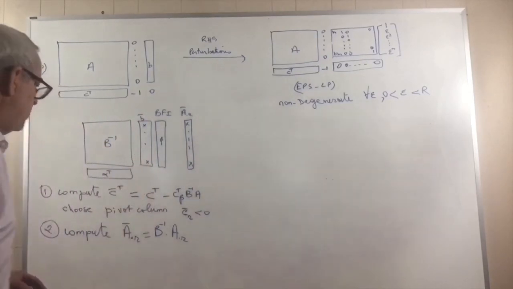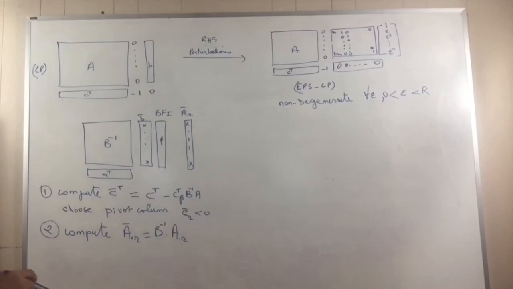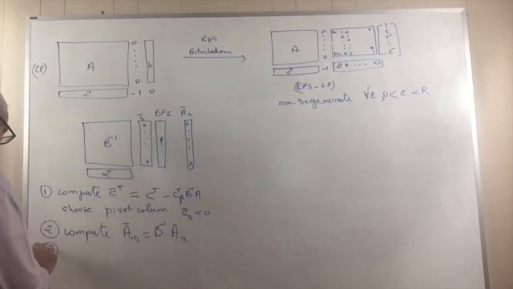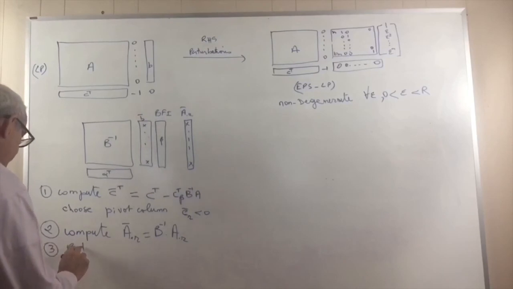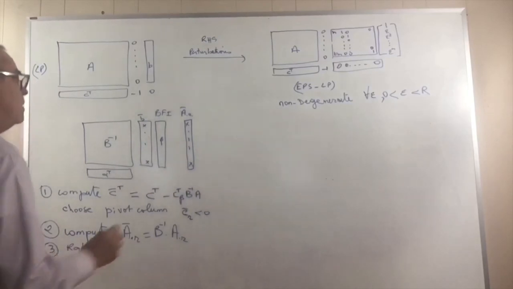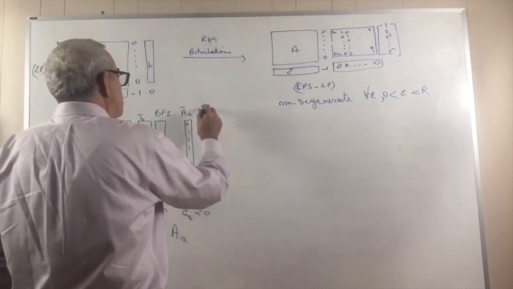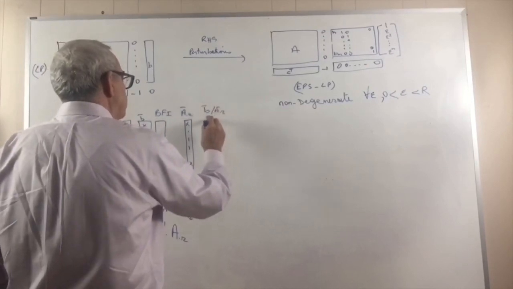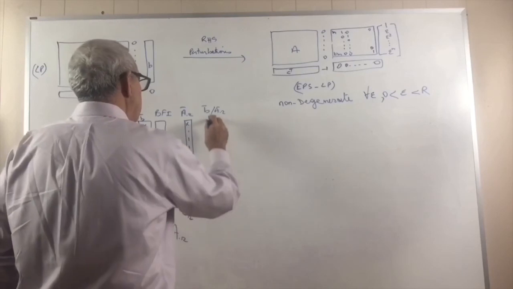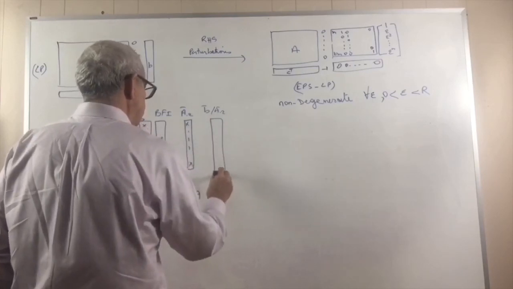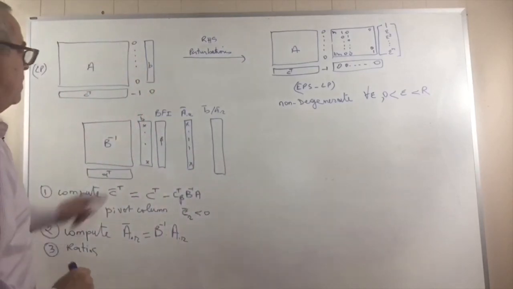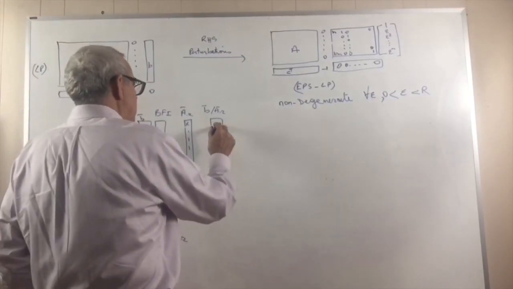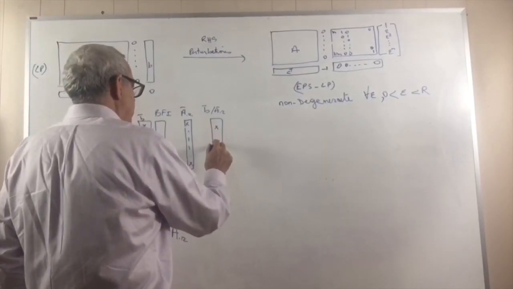So we copy that, and now we have the third step. We do the ratios. Here we do b bar over A bar dot R for all the entries that are positive. Let's say it's over here, and over here.